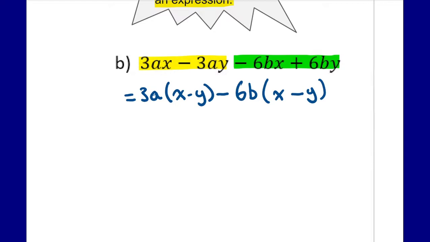And a helpful thing to think of as well is generally when we factor by grouping, we want to make sure that what's left over in the bracket is the same as in the first set, or the first 2 expressions. Right? So if I didn't factor out that negative, I'd be left with a positive.